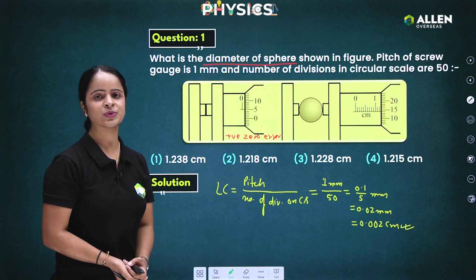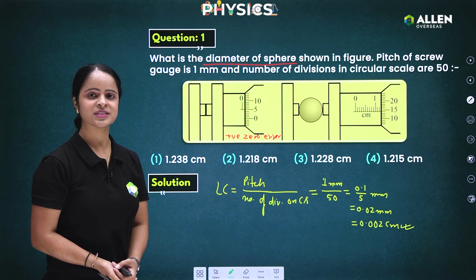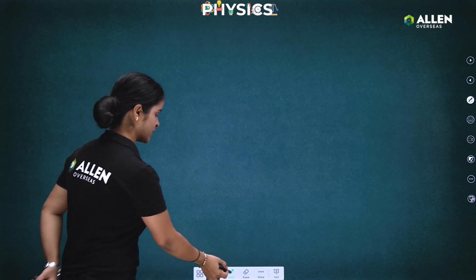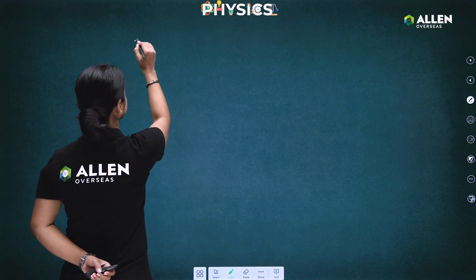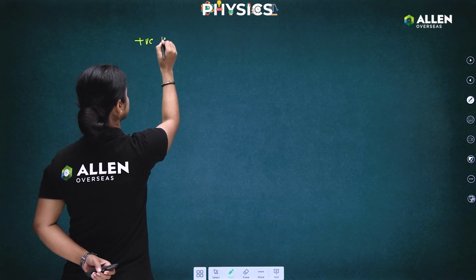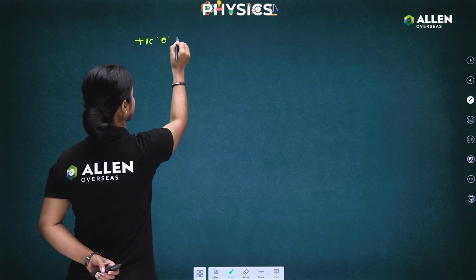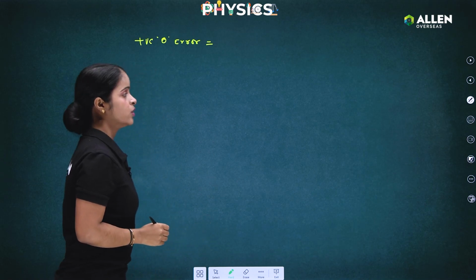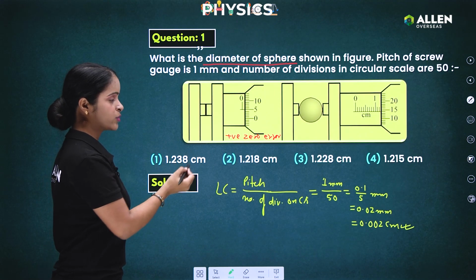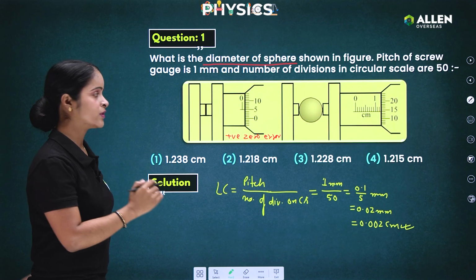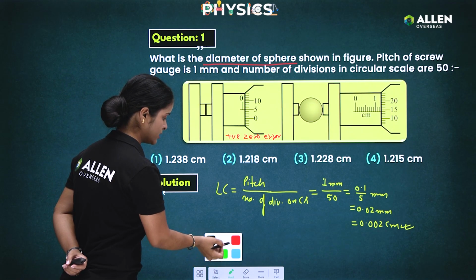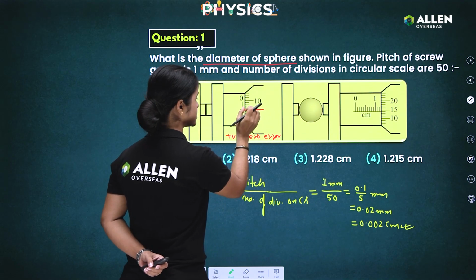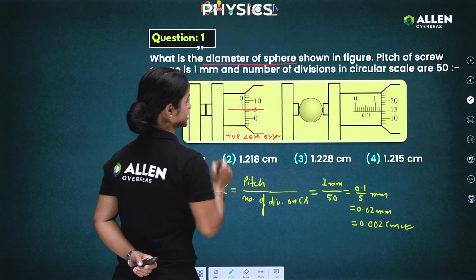Now what we want to do is calculate the positive zero error. So here I am going to solve the same. Positive zero error is equal to the number of circular scale divisions lying in reference with the main scale. Here you can see 5 is the division which is lying in reference with the main scale.